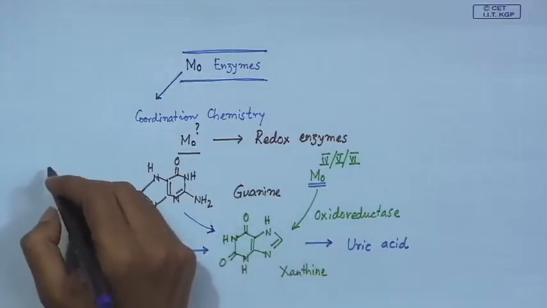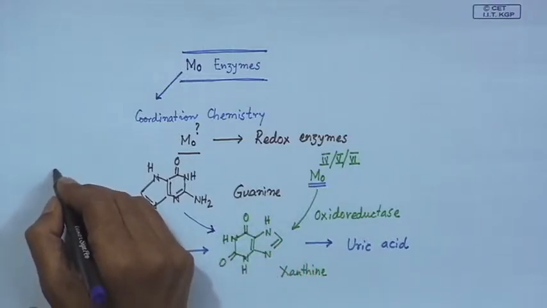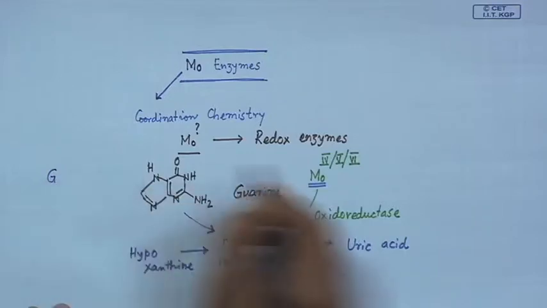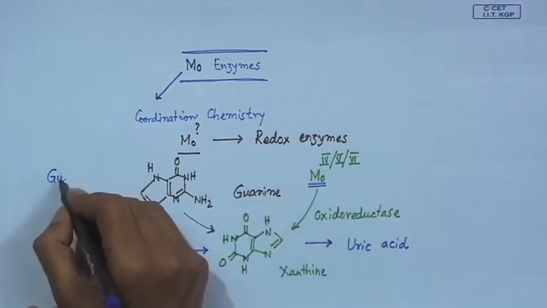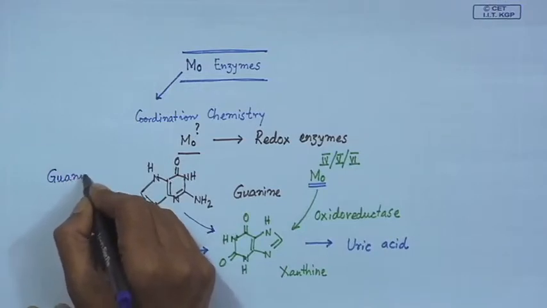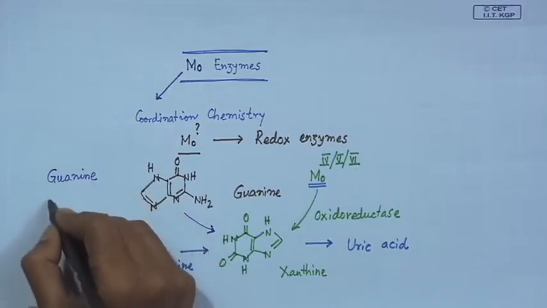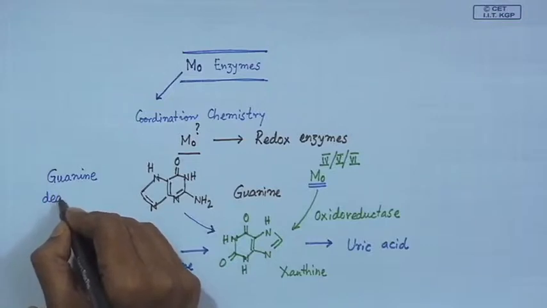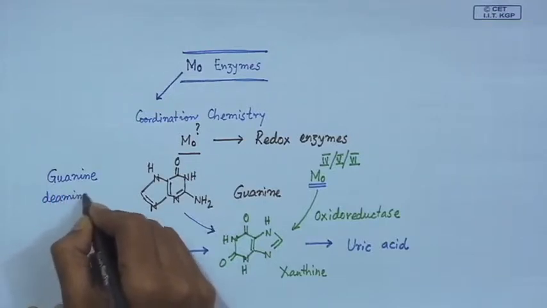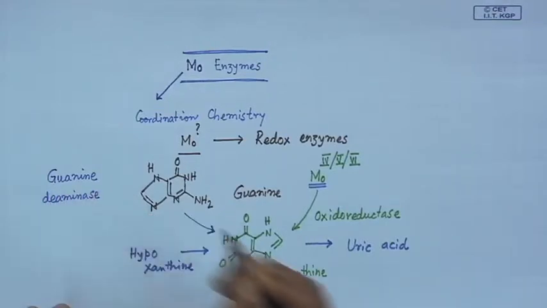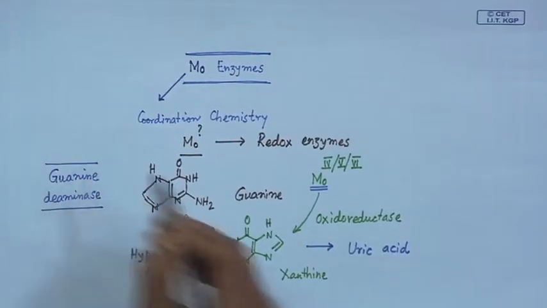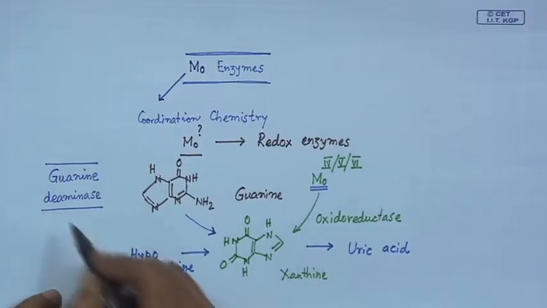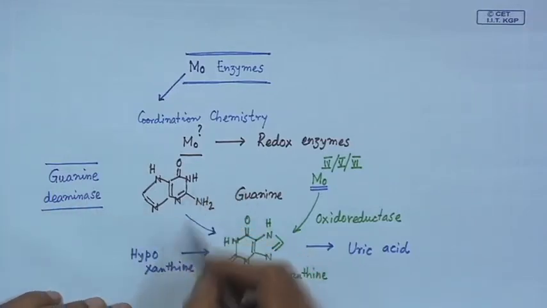There is one important group of molecules which do not belong to this oxidoreductase family, but they are guanine deaminase. As the name tells us, it catalyzes a reaction where the amine function goes away.